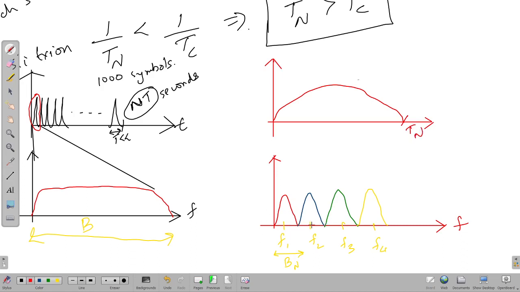The other substream, centered at F2, has the same bandwidth as the substream centered at F1.